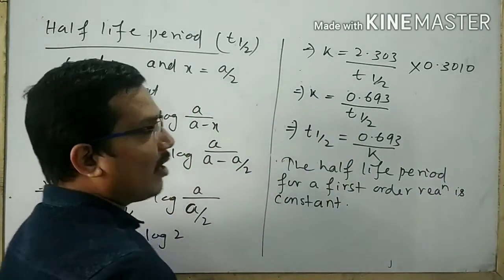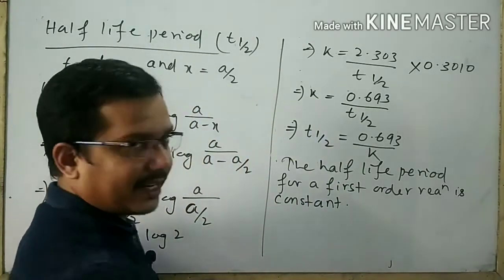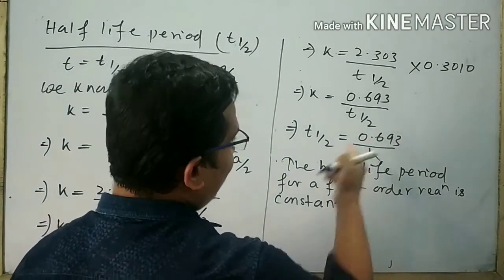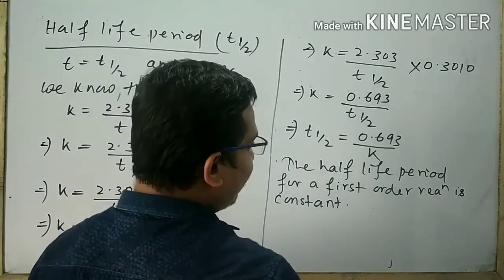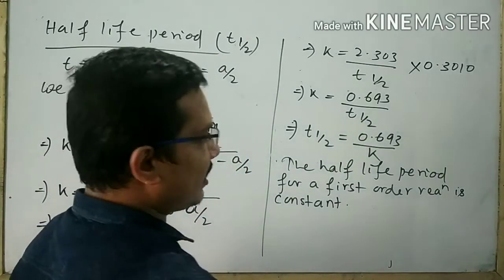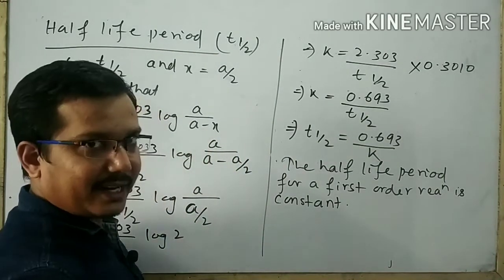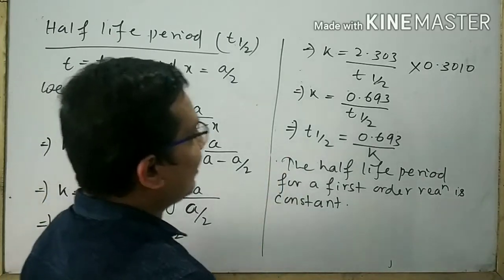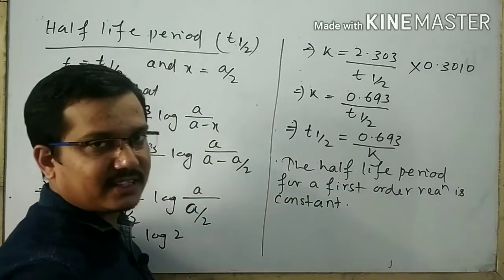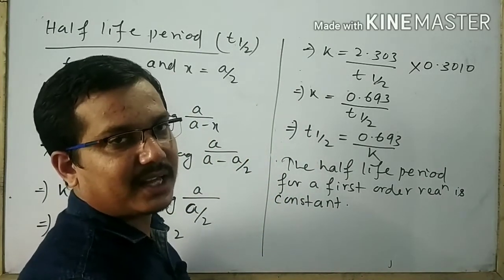Look at that, here the concentration of reactant, that is A, is not written. We know that A is the initial concentration of reactant A. That means the t half value does not depend upon the initial concentration of the reactant.